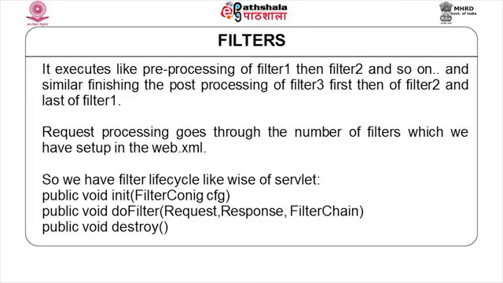Here remember, the servlet request and servlet response are the first 2, but the third parameter here is the filter chain. Filter chain is useful for passing the request on to the next filter or the next resource, whichever it may be. And then we also have the destroy method, the regular lifecycle method called destroy, fine. So that is how a filter interface works.